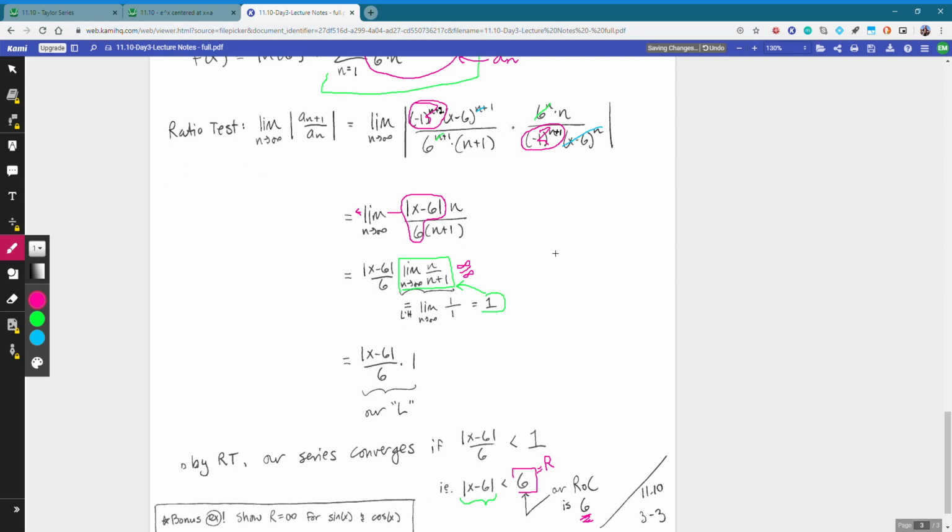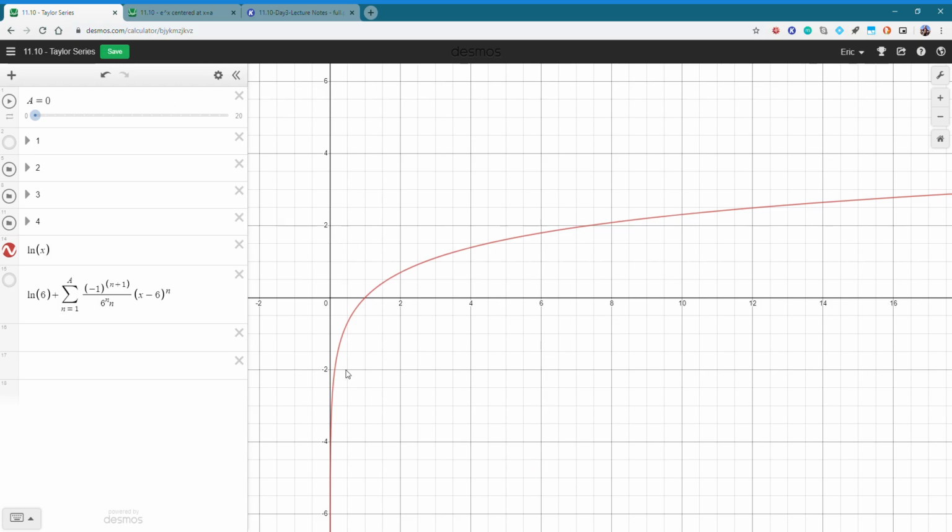I'd like to, real quick, go back over, and we can actually see this in action. We bring up another Desmos graph. Here is natural log of x, and down here at the bottom, we have the formula that we figured out for the Taylor series centered at 6.